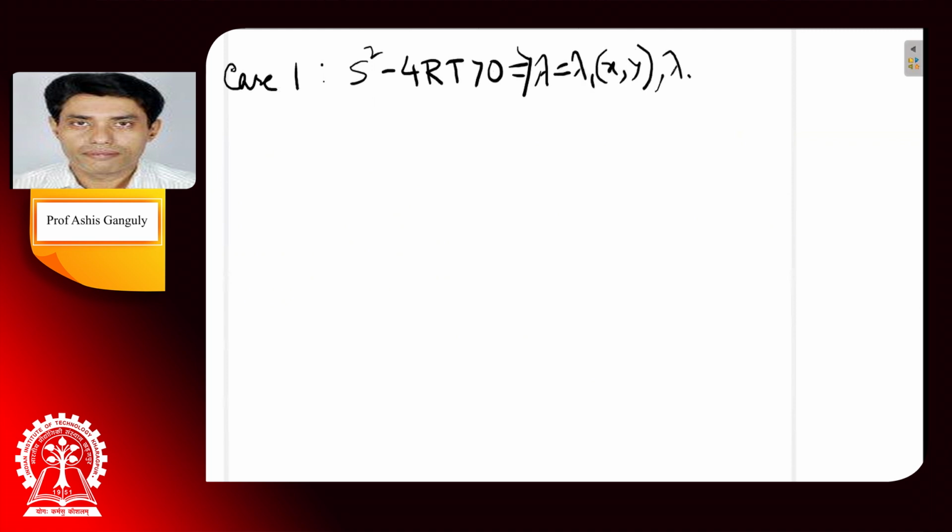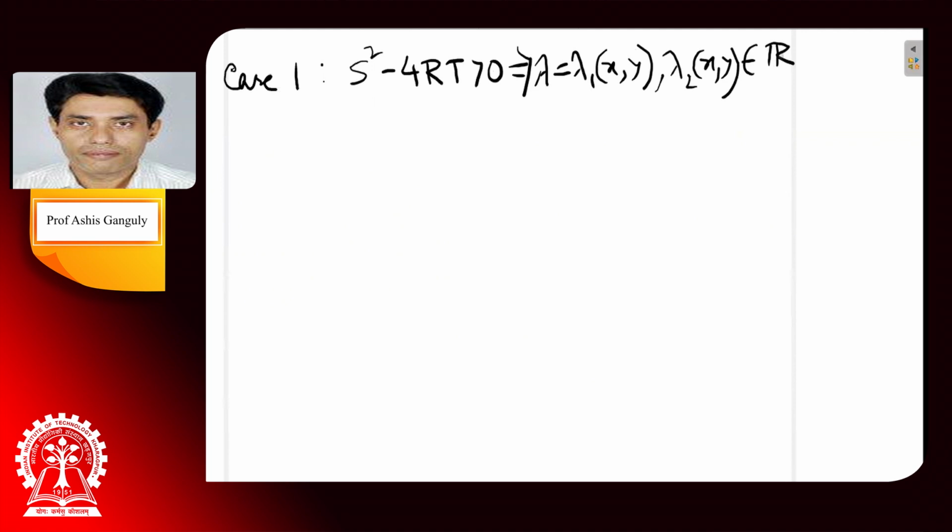So the first case is, I am considering S square minus 4RT greater than 0, which gives us lambda equal to lambda 1 and lambda 2, which are real and distinct.